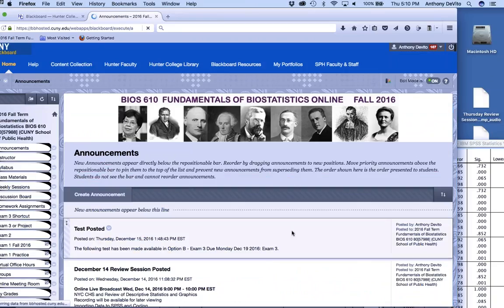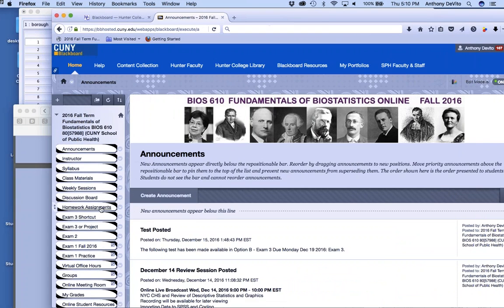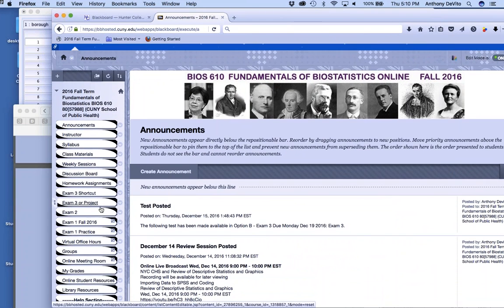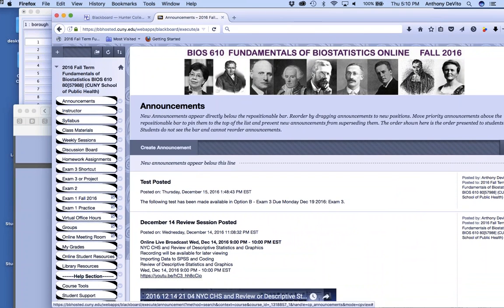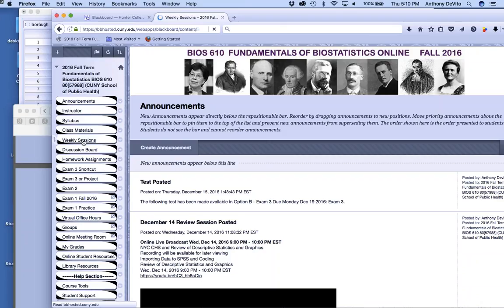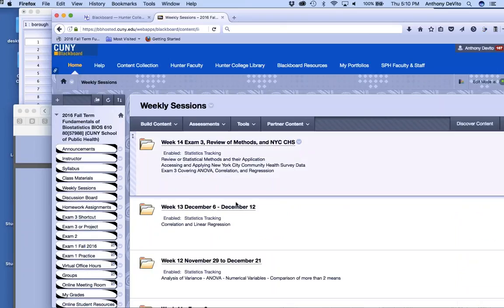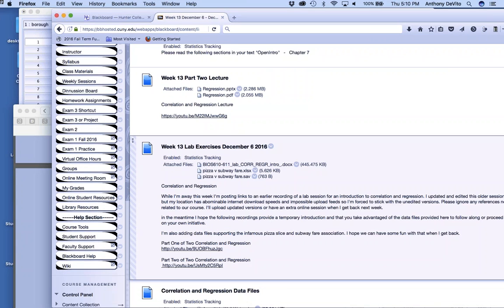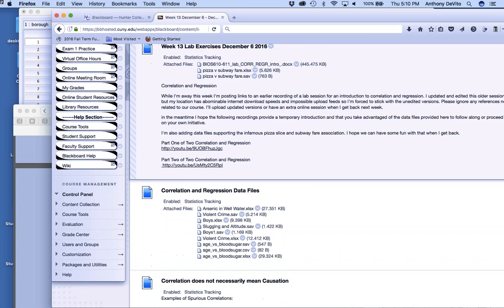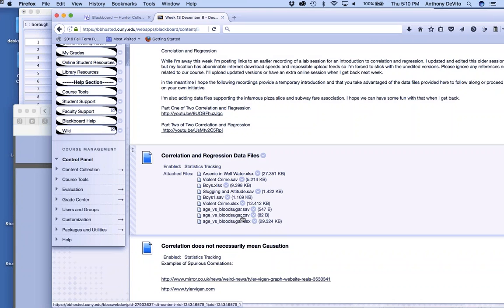Come on, load. Okay, good. Let's see. Actually, I don't have two numerical variables in there. Let's go to weekly sessions. Let's pick out an interesting database.